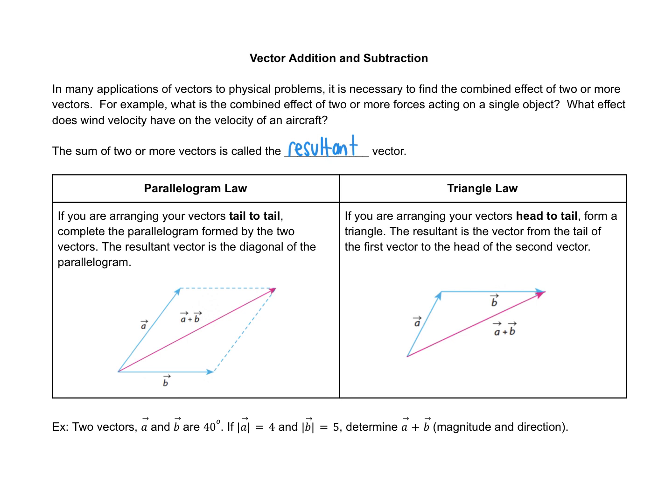For example, the head of A with the tail of vector B. And when that happens, we can add our vectors by starting at the tail of your starting vector and ending at the head of the second vector. And this is your triangle law because the three vectors form a triangle. So we'll look at a few examples using both laws.